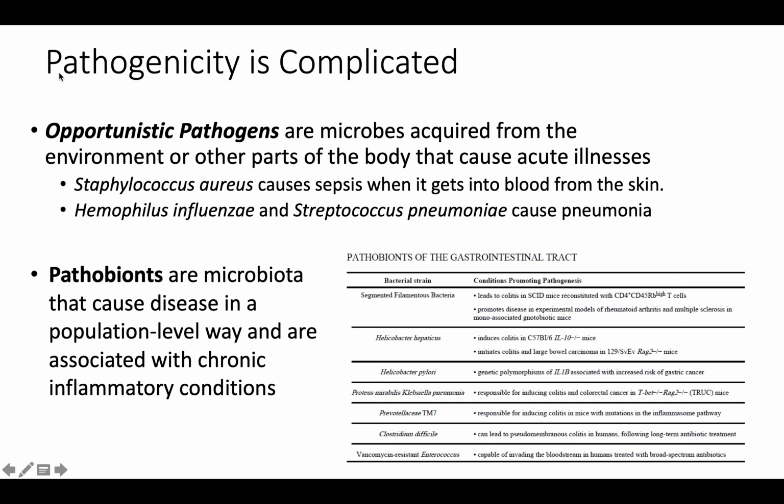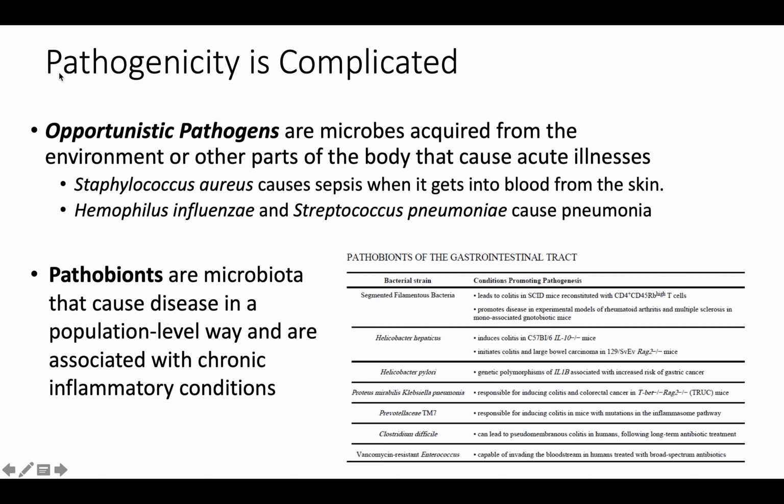Now, pathobionts, that word there, these are microbiota that do cause disease at a population level, but they are usually associated with chronic inflammatory conditions. So if we look at these in that table there on the right, pathobionts of the gastrointestinal tract, let's go down to Helicobacter. It's the third bacteria listed there, Helicobacter pylori.